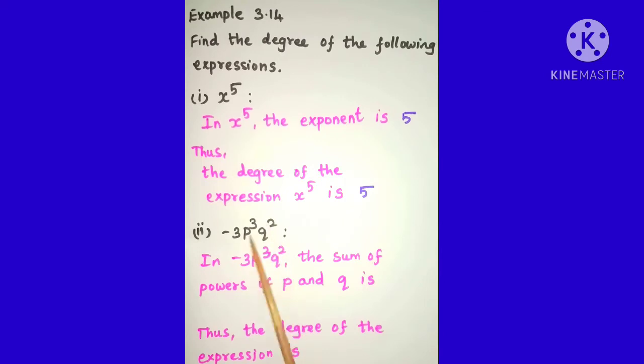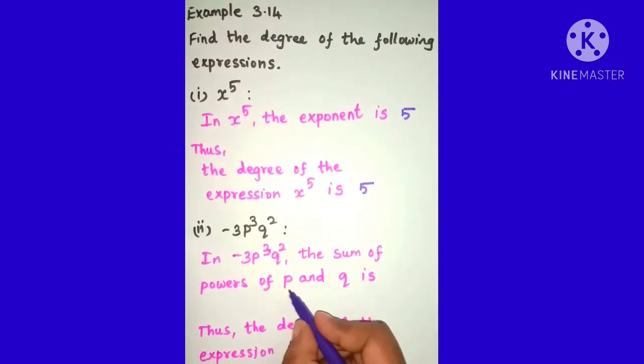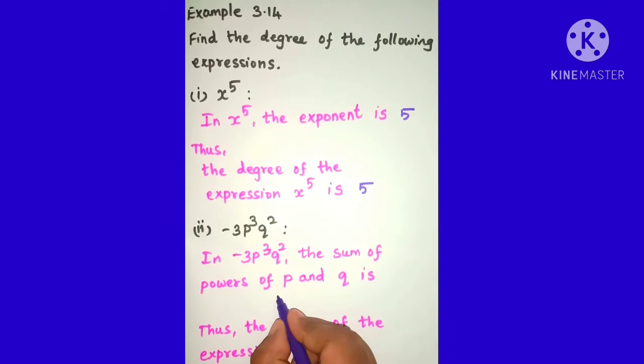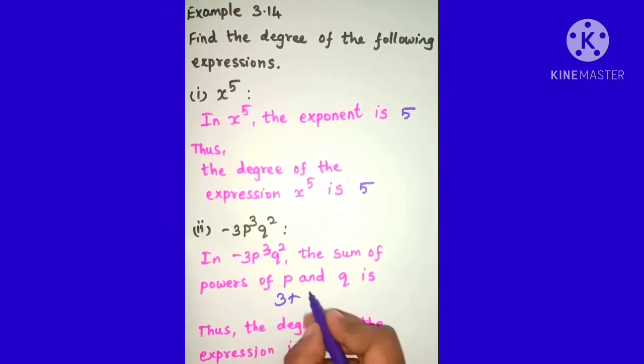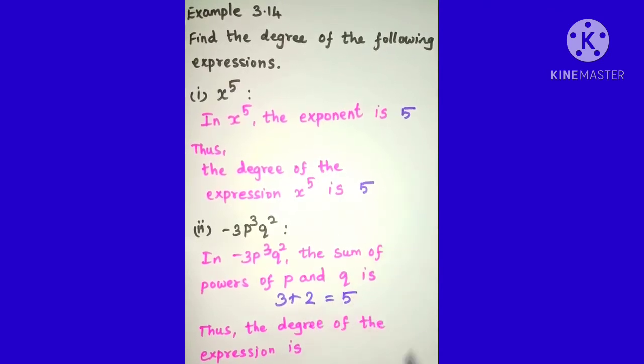So, the power of p is 3 and here the exponent of q is 2. So take the sum of these two exponents. So what is the sum of these two exponents? That is 3 plus 2, which is 5. So the degree of the expression is 5.